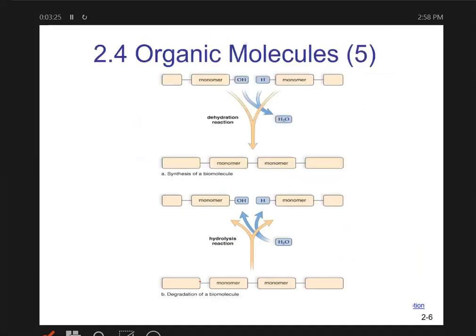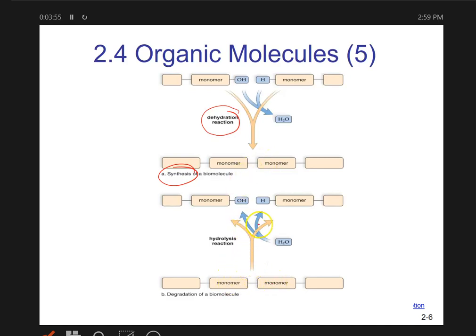All organic molecules have a common reaction. If you want to synthesize, you go through a dehydration reaction, removal of a molecule of water. So the monomers are each going to give up OH and H. One is going to give up OH, one is going to give up H. You'll have water and you'll form a dimer or a polymer, right?